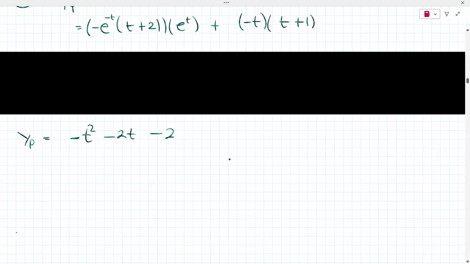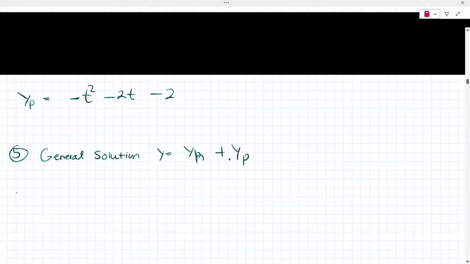The last step for this is to find the general solution. So what is your general solution? It is y equals yh plus yp. So we have everything we need.